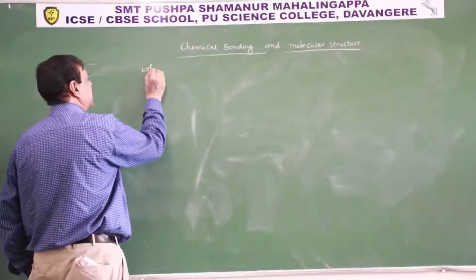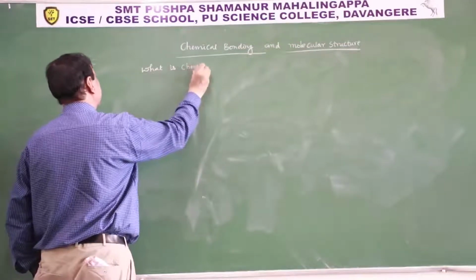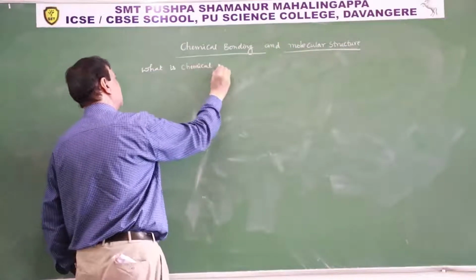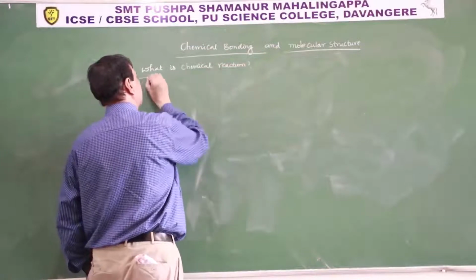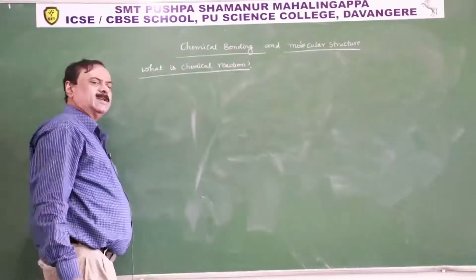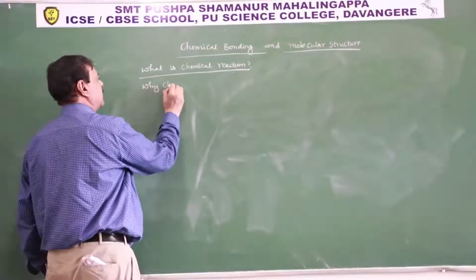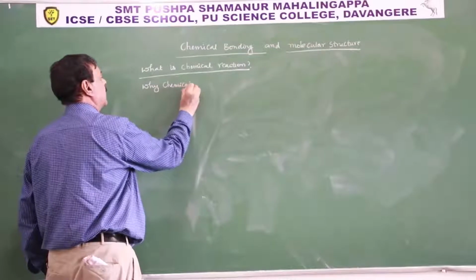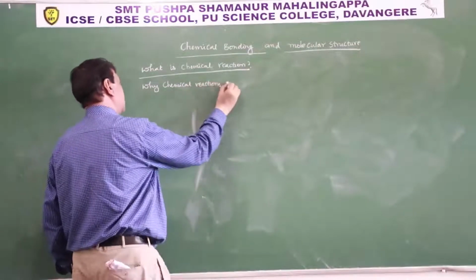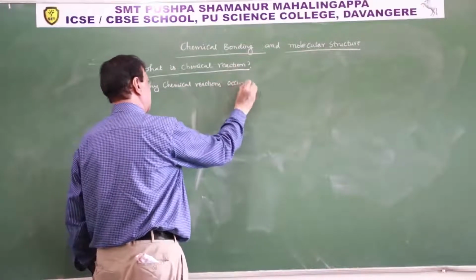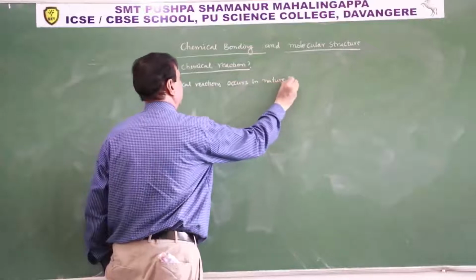What is a chemical reaction? Why do chemical reactions occur in nature?